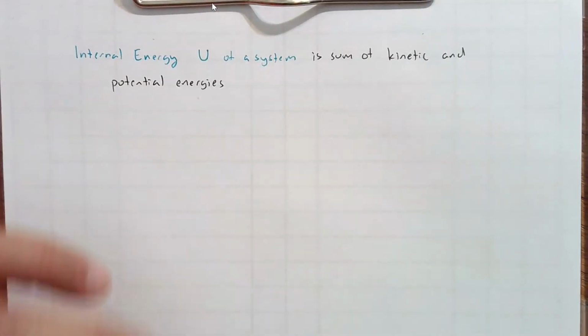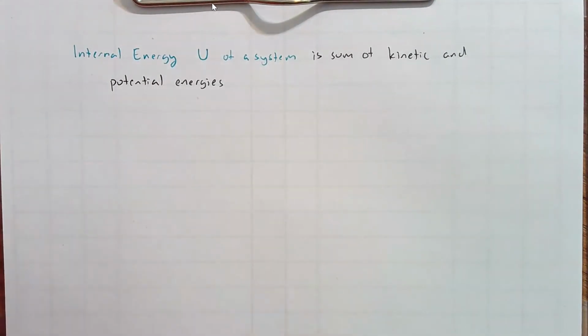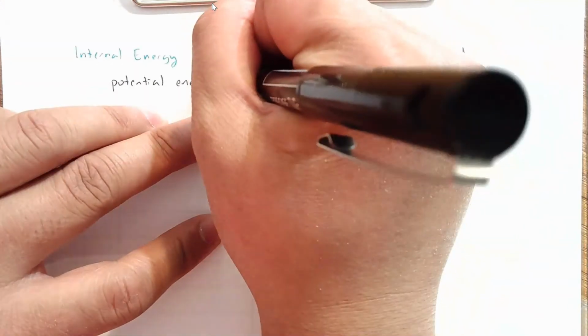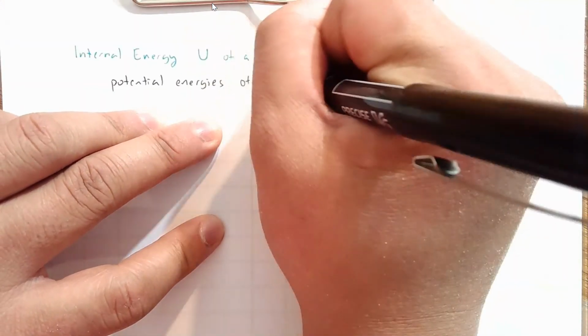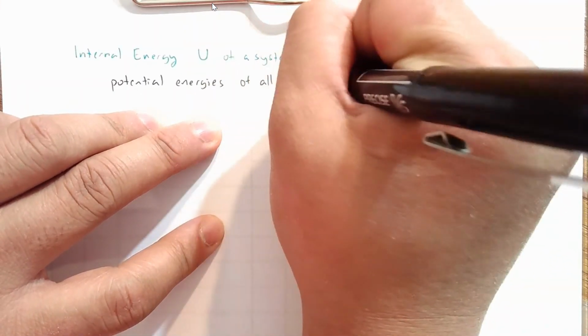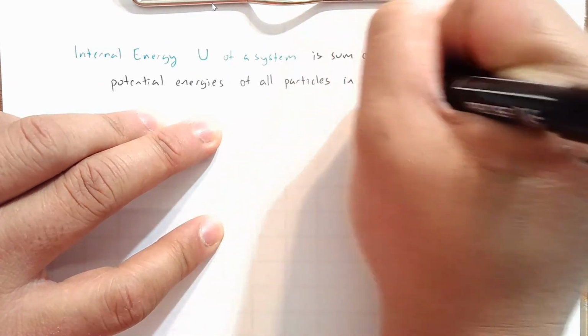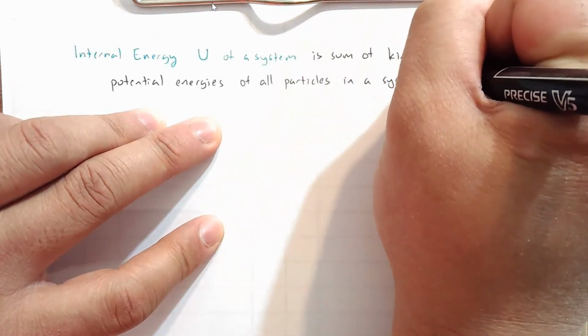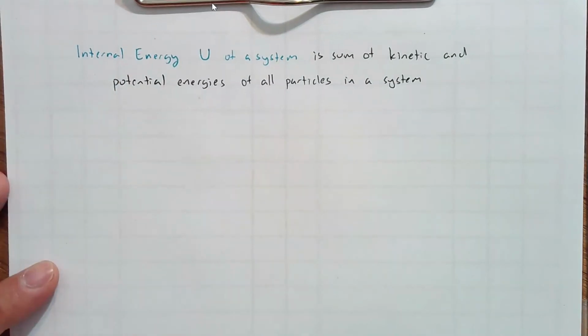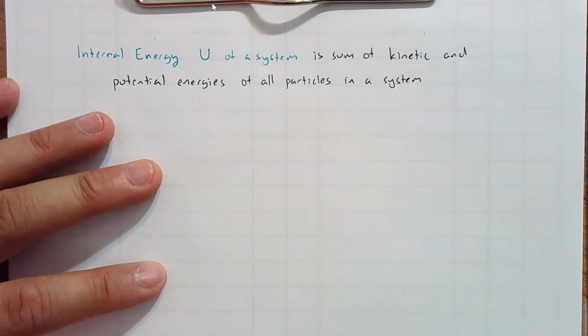And in chemistry, we're going to be concerned about those two energies of all the particles in a system. We're going to be working with U in the next couple of videos.